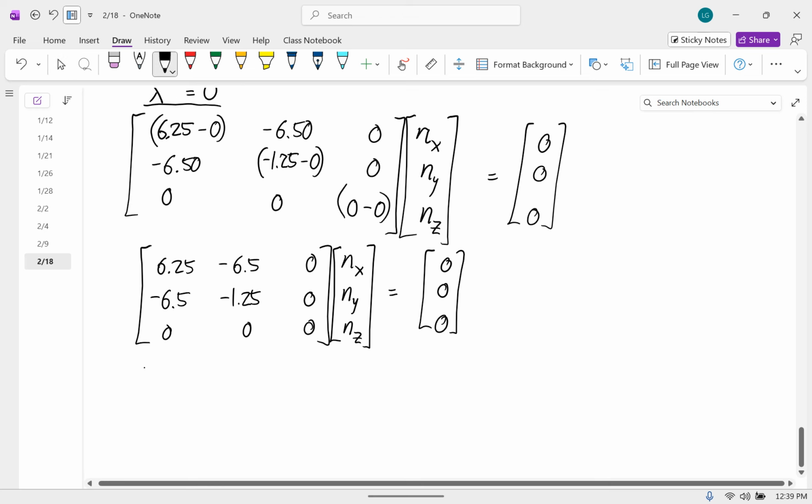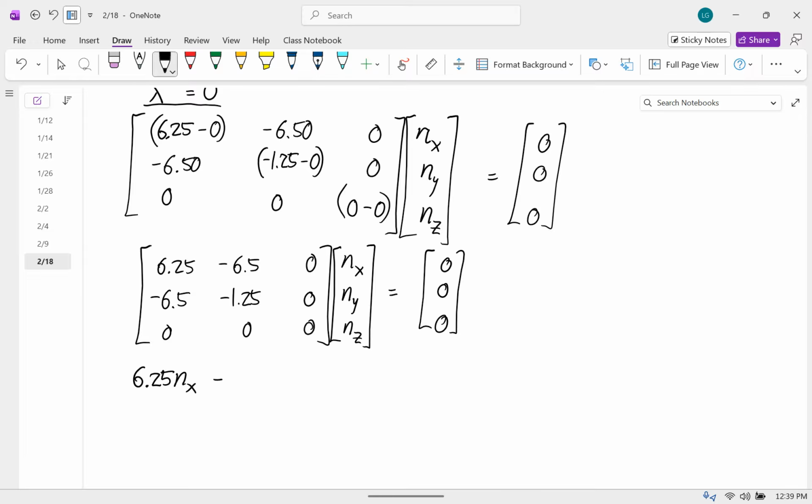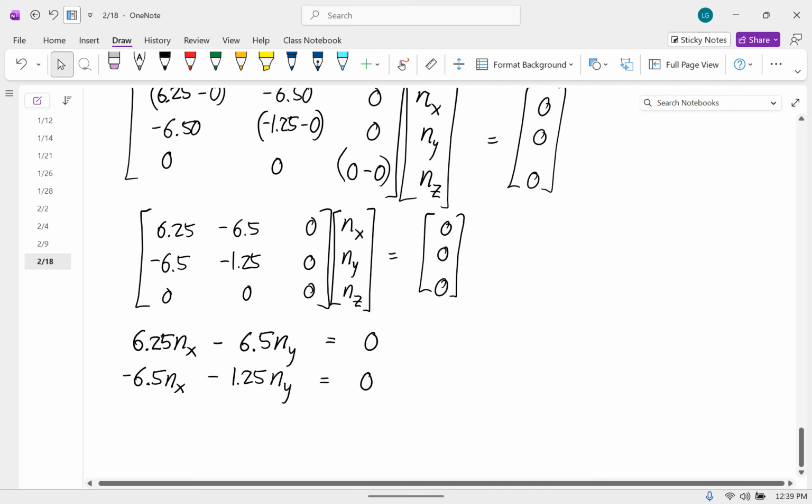And so this gives you the equation 6.25 nx minus 6.5 ny is equal to 0. Then the second equation says negative 6.5 nx minus 1.25 ny is equal to 0. And the third one says 0 equals 0, so that doesn't help.